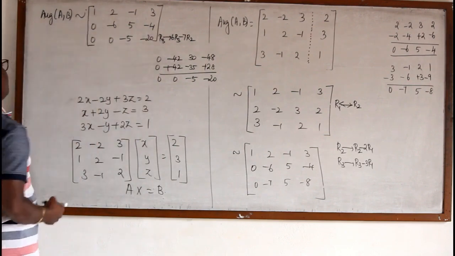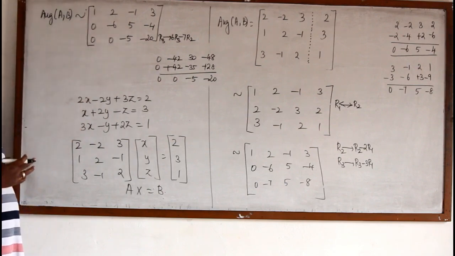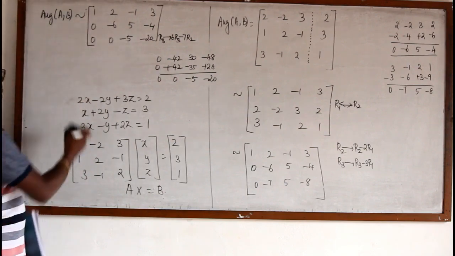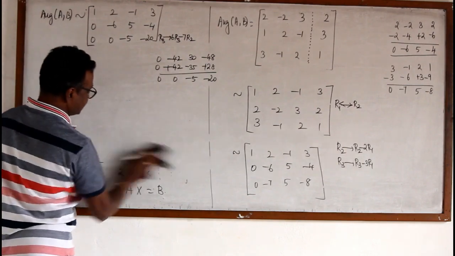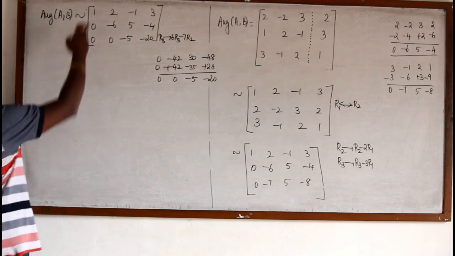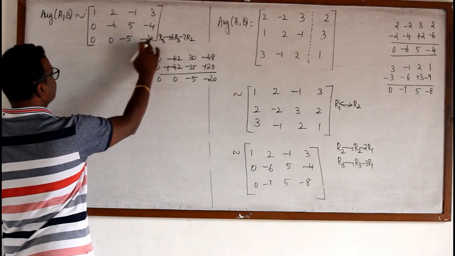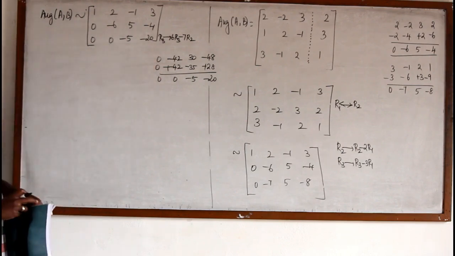We came to this echelon form, this row reduction form. No more reduction is possible, so we can stop here. Now, can you understand? In the first row there are numbers, in the second row there are numbers, and in the third row also there are numbers.